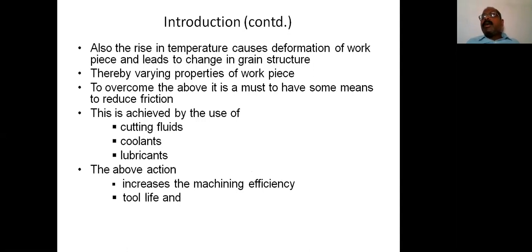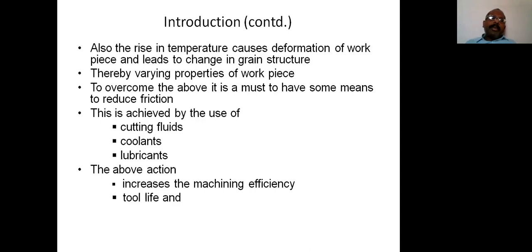At the beginning, during the introduction itself, I clearly explained that if the temperature rises, it leads to a change in the geometry of the cutting tool. Because of the high temperature, if a chip comes in contact between the job and tool, it produces an irregular surface on the job, and at the same time it alters the tool geometry. Whenever tool geometry alters, tool life decreases.